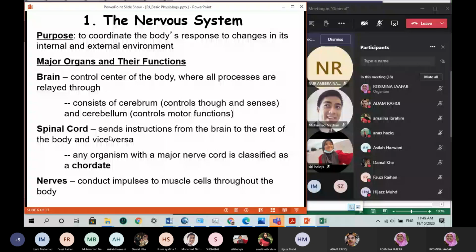Okay, the spinal cord sends instructions from the brain to the rest of the body and vice versa. So the spinal cord is like a pathway. Within the spinal cord, you will have a collection of nerves, which conduct impulses, or electric signals, within the body, sending communication data from the brain to the target organs, to the muscles.